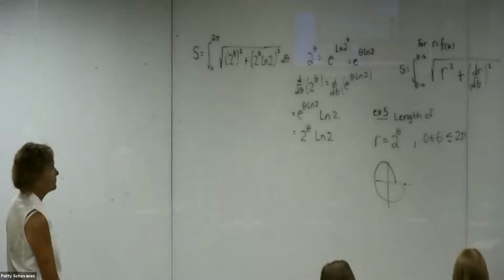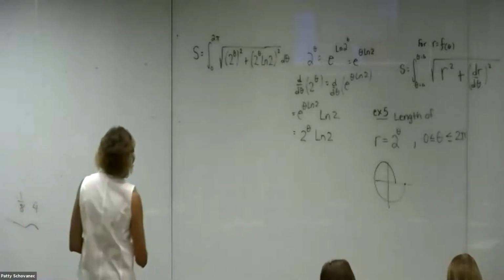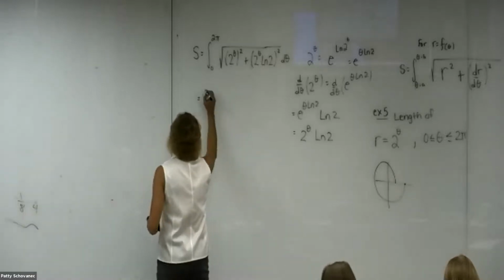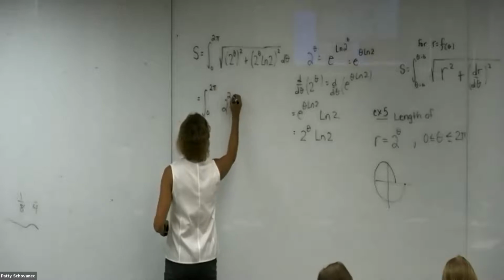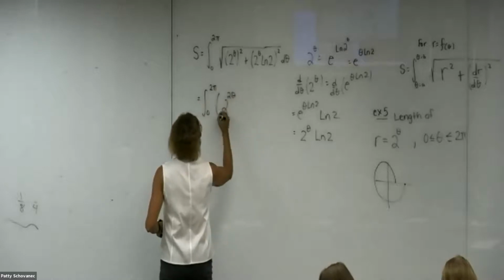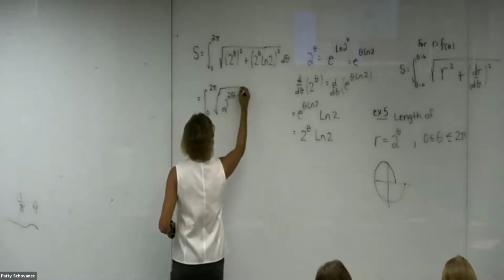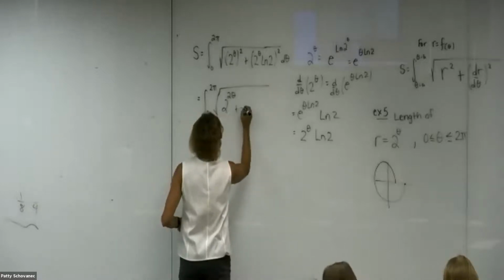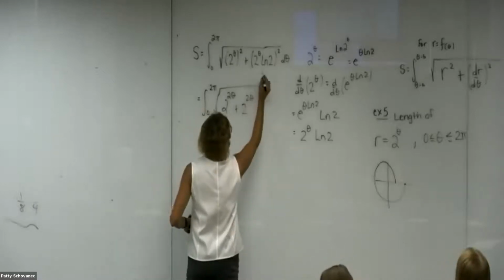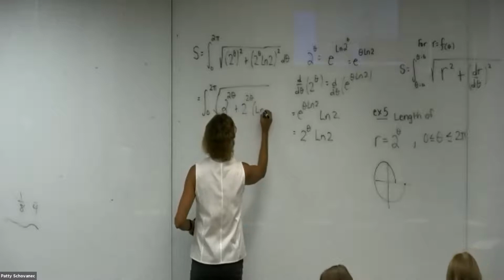So what's the square of 2 to the theta? 2 to the 2 theta. So when I square that, I get another 2 to the 2 theta. And then I get a natural log of 2 all squared.